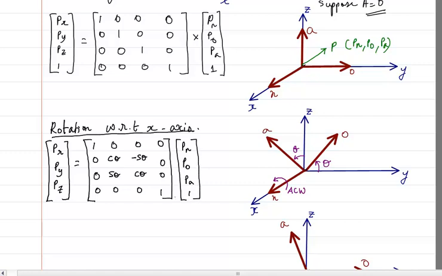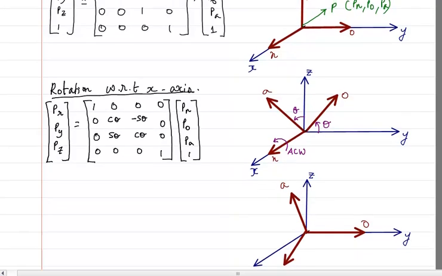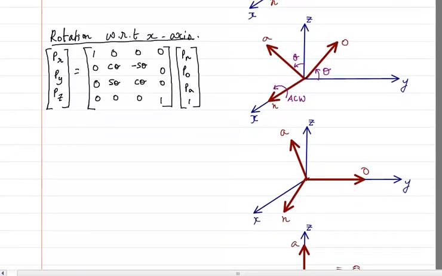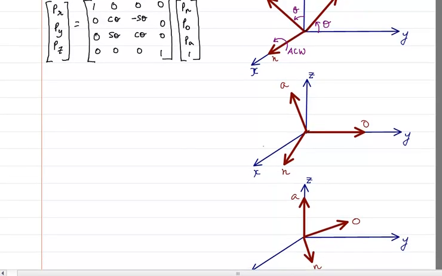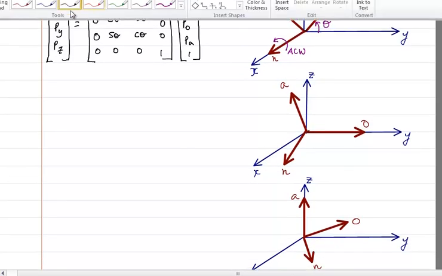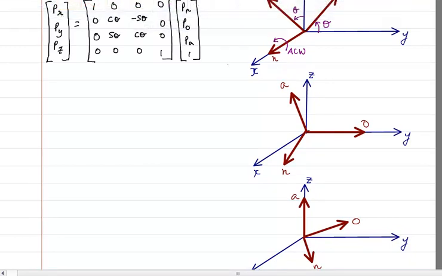This is rotation with respect to the x-axis, and this is the formula that we have to learn by heart. There is no other option for it. Similarly, in the second case, the rotation is with respect to the y-axis.